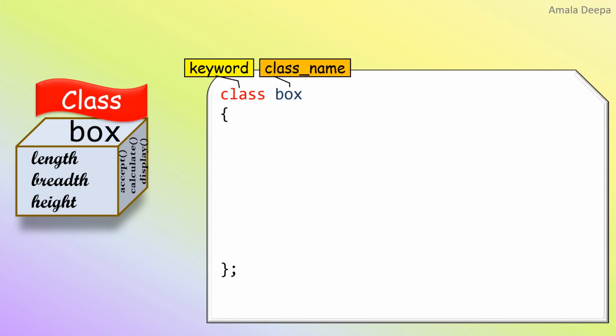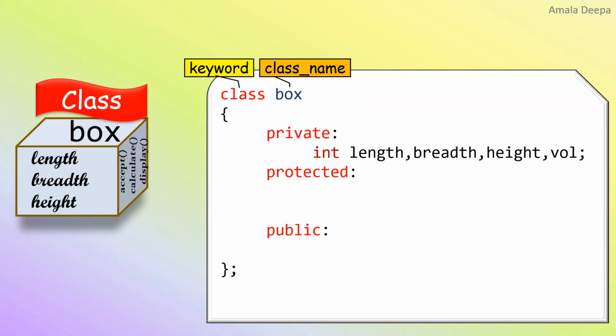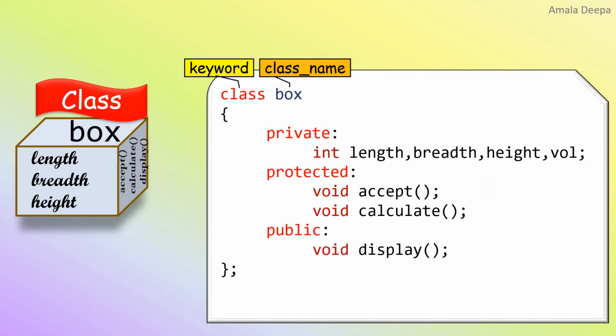Within the body of the class, I am going to have members under private, protected, and public access specifiers. Under private, I am declaring 4 integer variables: length, breadth, height, and wall. Under protected, there is going to be 2 member functions, accept and calculate. And under public, 1 member function called display.